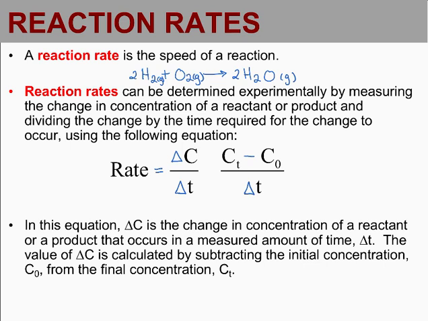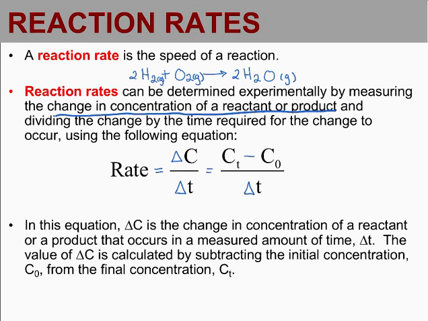All right, so the rate can be calculated by taking the change in concentration either of a reactant or a product. So you could use either. Maybe you track the change in the concentration of hydrogen gas as it reacts with oxygen, or maybe you track the change in concentration of water as it's formed. Either way is fine.